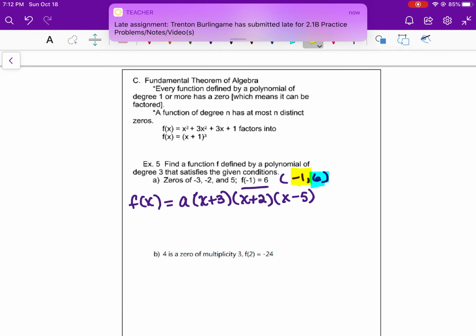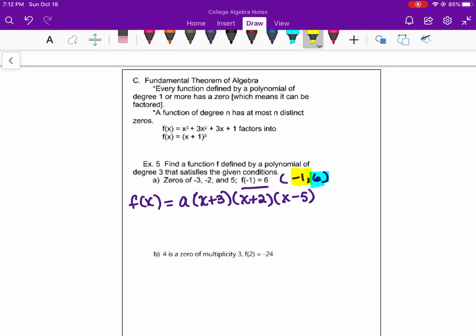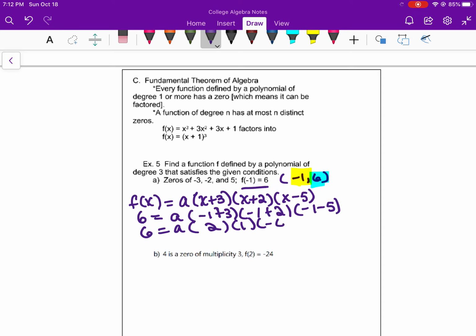And so we go from here and we plug those values in. And what we're going to do is find a first. And if we divide both sides by -12, we'll have a equals -1/2.